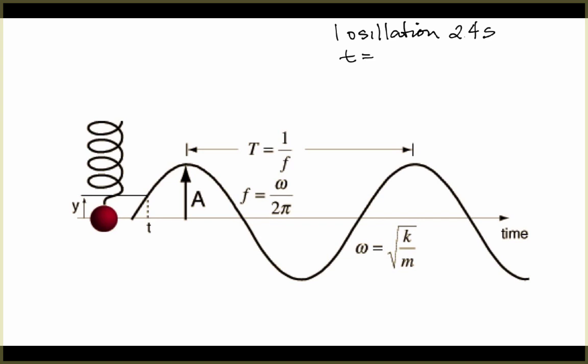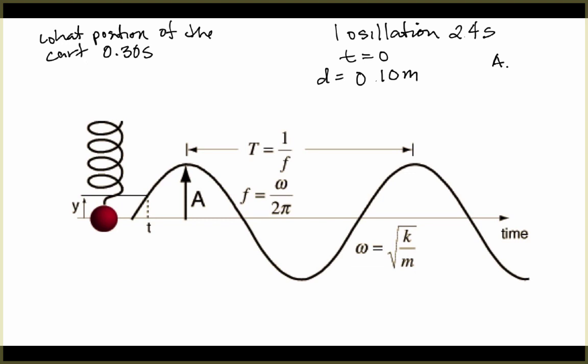At t equals 0, the cart is released from rest at a distance of 0.10 meters from its equilibrium position. What is the position of the cart at 0.03 seconds?